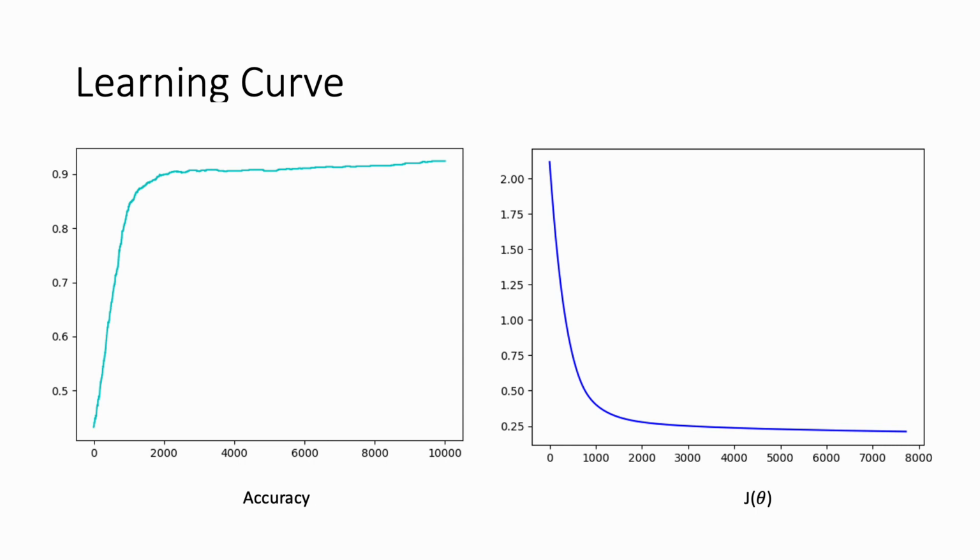We can see the accuracy increases per epoch and goes over 0.9 after about 500 epochs, and the cost function decreases and converges after 5,000 epochs.